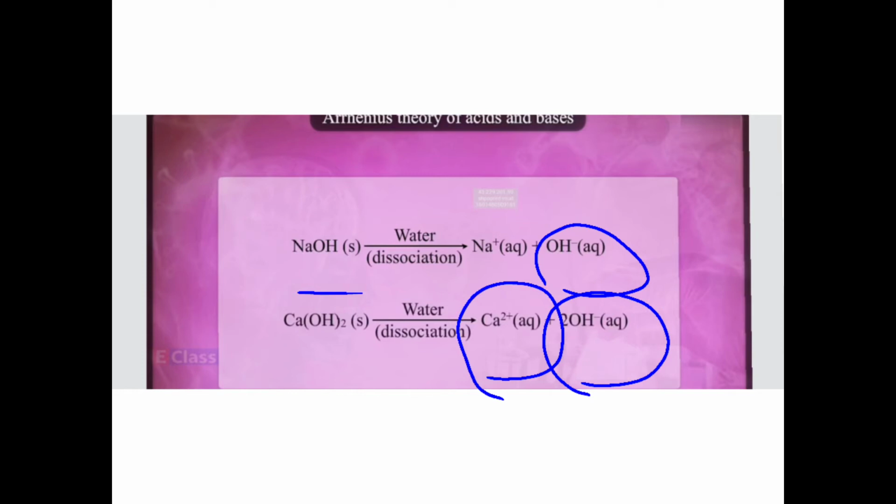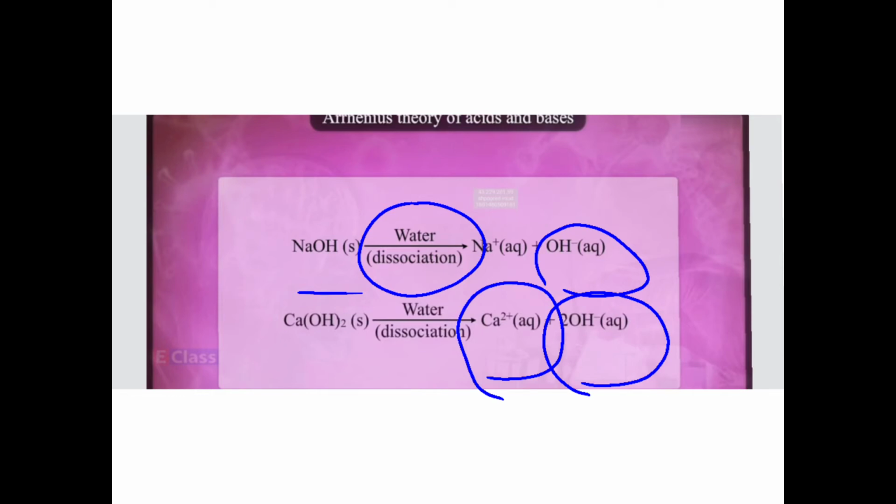As many plus as there are, that many minus, so the resultant will be 0. So we have seen that when water is added, dissociation takes place and we get OH minus ions.